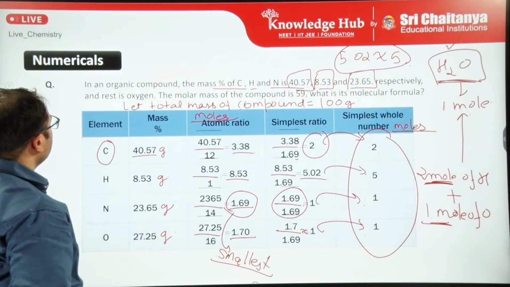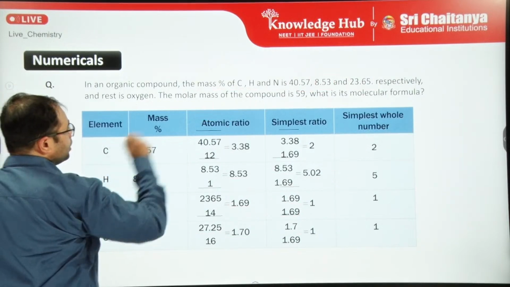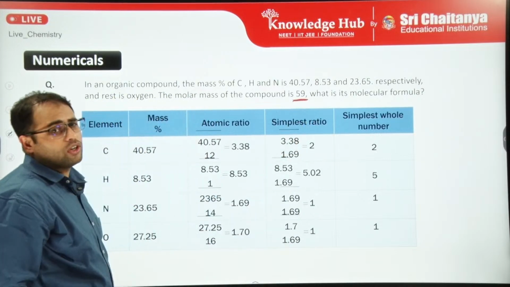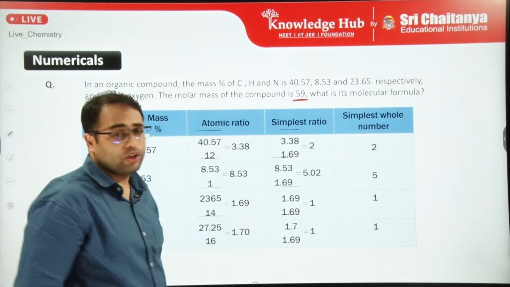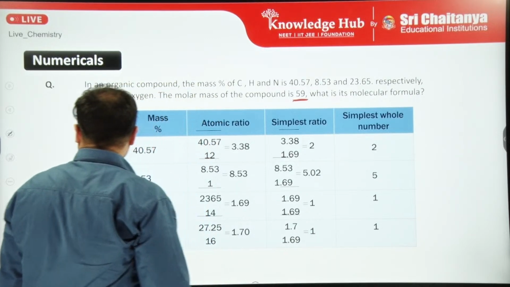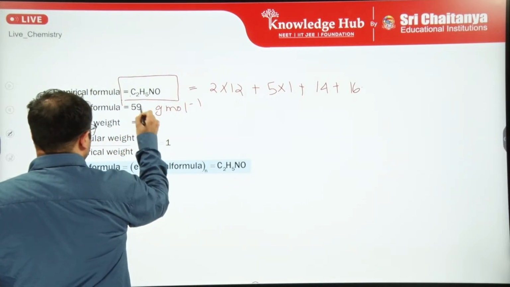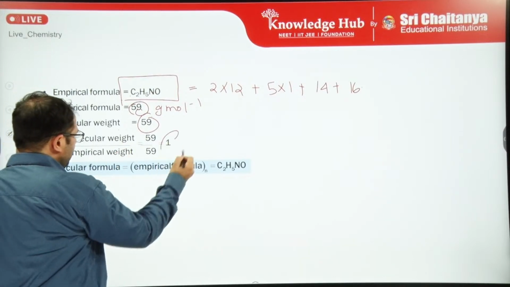See, is this molecular weight given in the question? If I just clear this out, it is given that the molar mass of the compound is 59. Yes, the molecular weight is given. Life has been made easier for you because they have given the molecular mass directly. They are equal, right? So molecular weight divided by empirical formula weight, you will get 1.